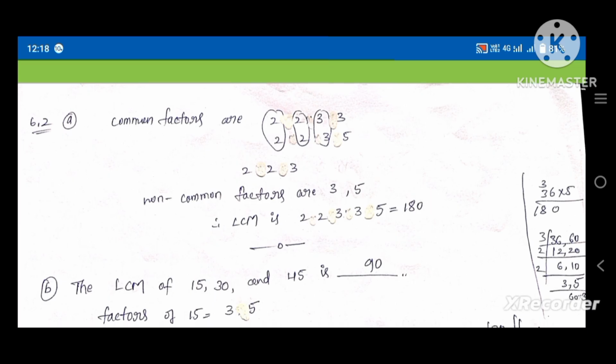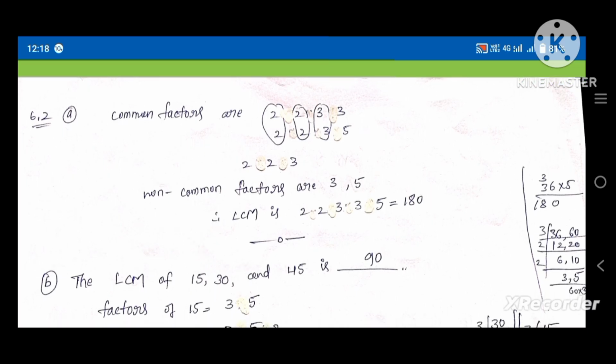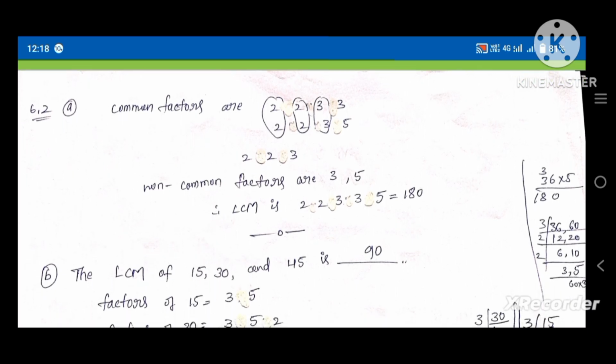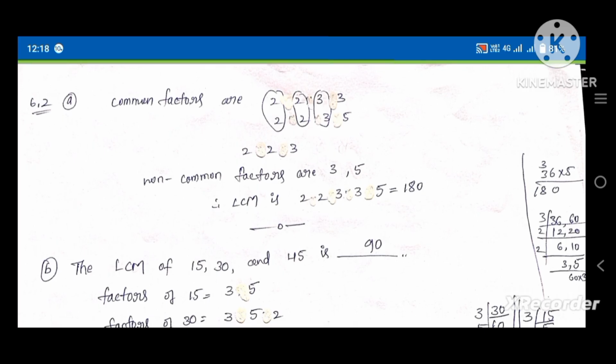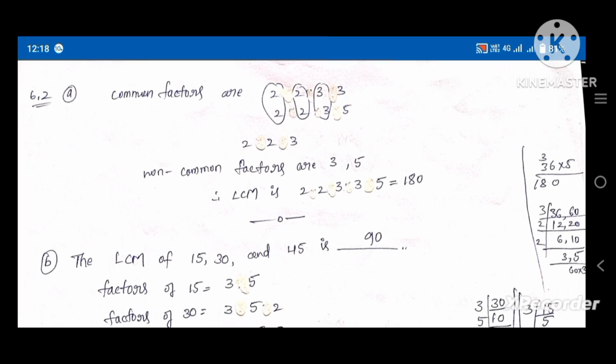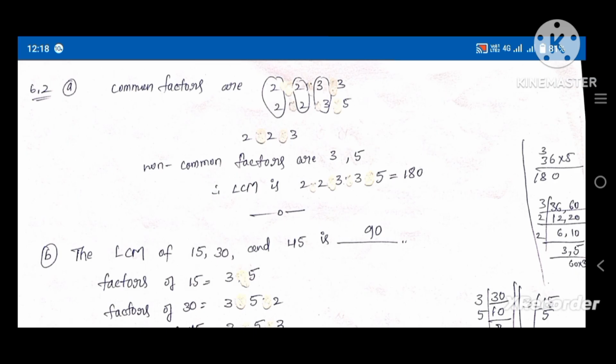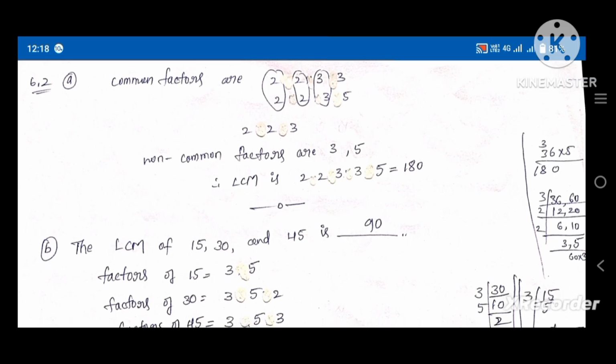The non-common factors are 3, 5. Common factors are 2, 2, 3. Therefore, LCM is 2 × 2 × 3 × 3 × 5 = 180.